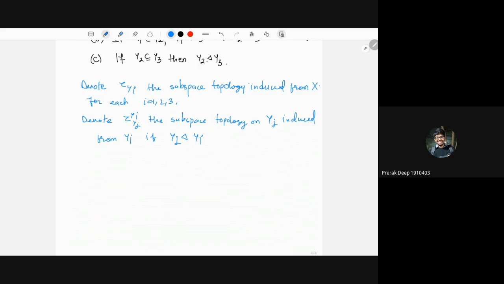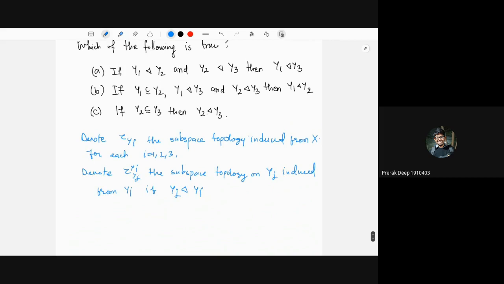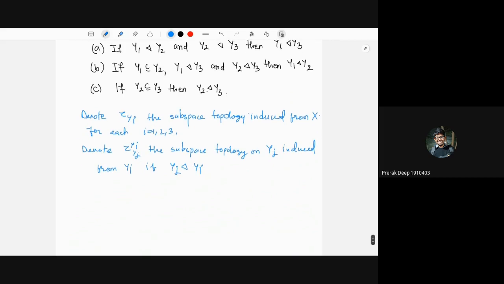Then only we can have the subspace topology induced from Yi on Yj. Okay, so with this notation, now let us start with statement number 8.